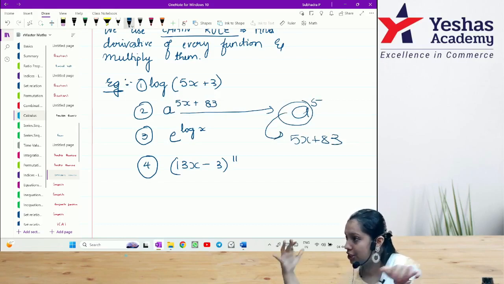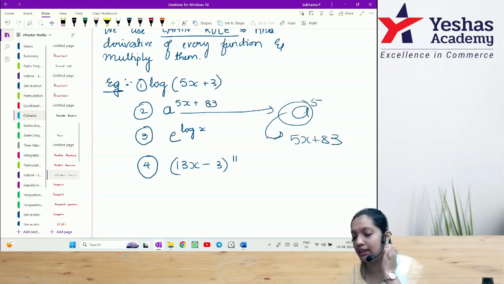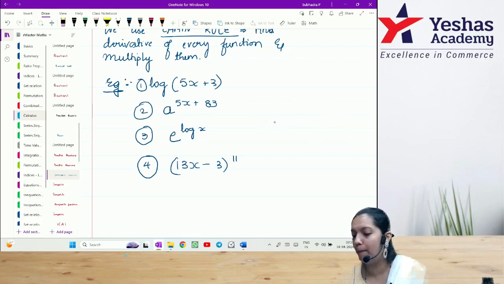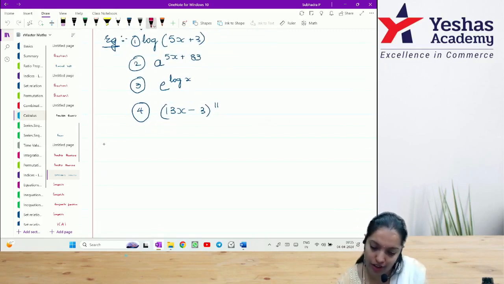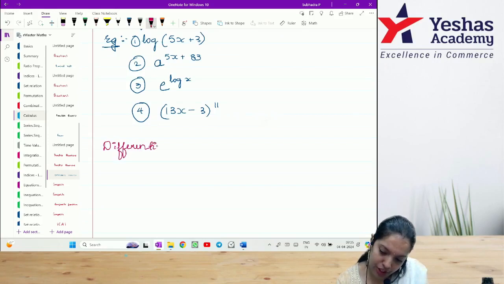Two different functions have been mixed together. We call this a composite function. Let's solve composite functions now. Take down, solve the following. Differentiate the following composite functions.